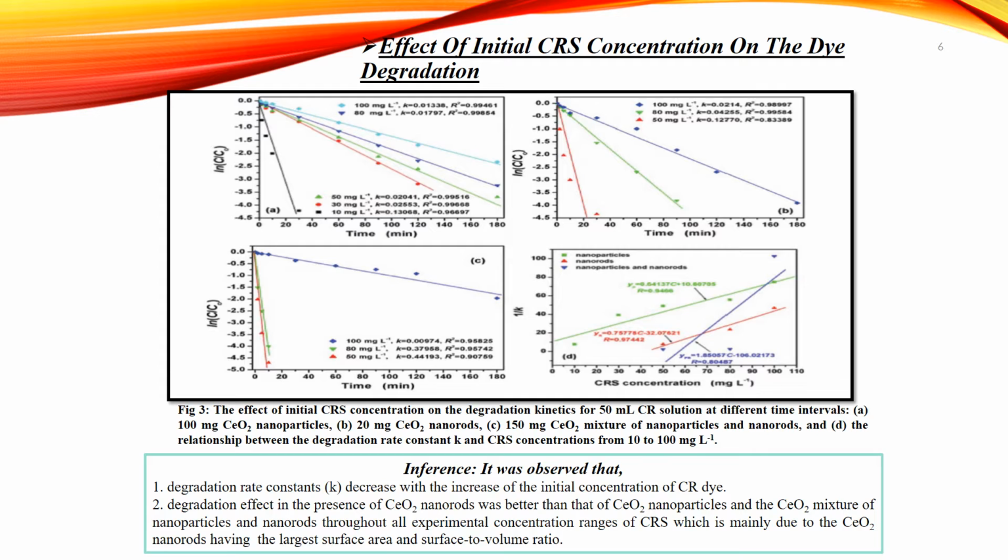The degradation effect was observed to be highest for the nanorods, then the other nanoparticles and the mixture of nanoparticles and nanorods. The experimental studies were done over concentrations ranging from 15 mg to 250 mg, and it was highest for nanorods with the largest surface area and higher surface to volume ratio. This is the main reason behind it.